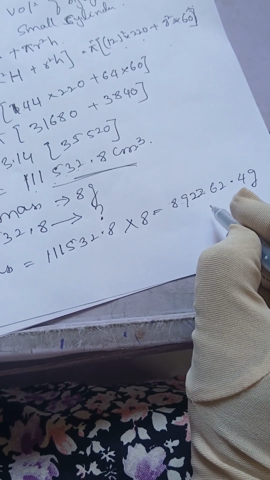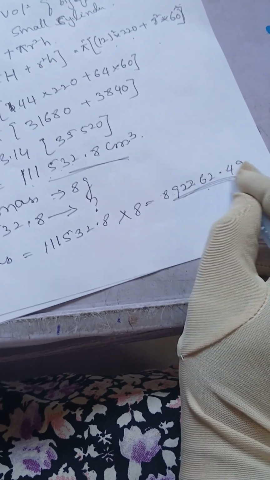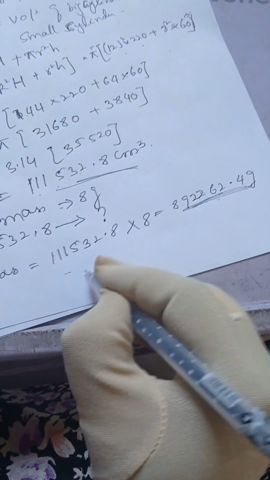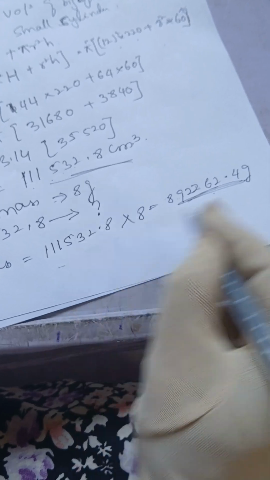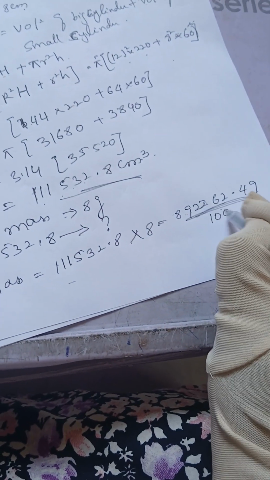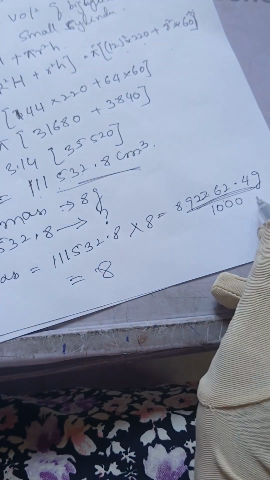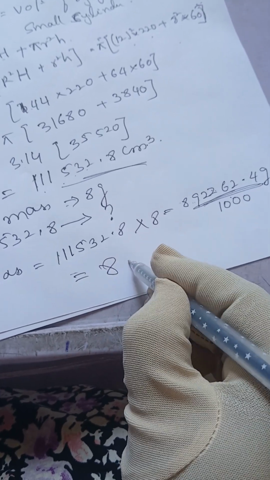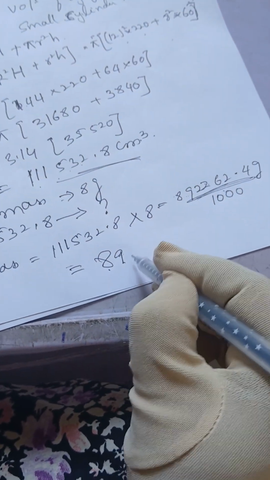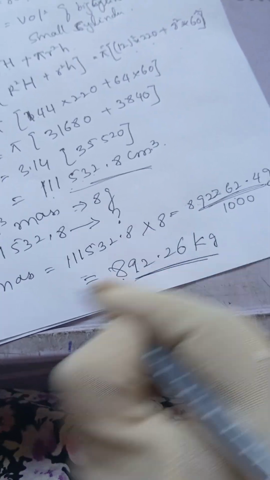This is a very big value, so I will make it into kgs. This is in grams, so I can make it into kgs. How can I make it? I will divide it by 1000. So what will be the mass? 3 zeros this side, so 892.26 kgs is your mass of the pole.